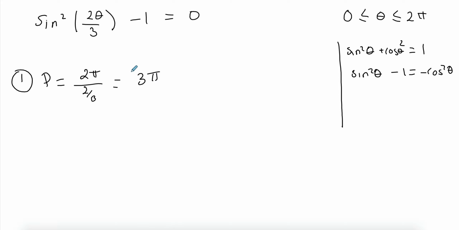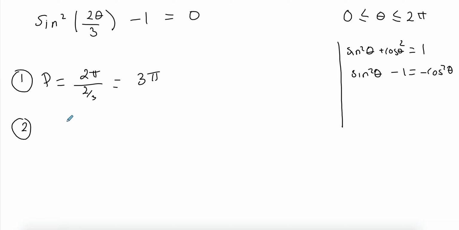So this graph is stretched, so it only repeats at 3 pi. We're not expecting to find too many solutions as it's going to be stretched. So the next step is to actually solve it.